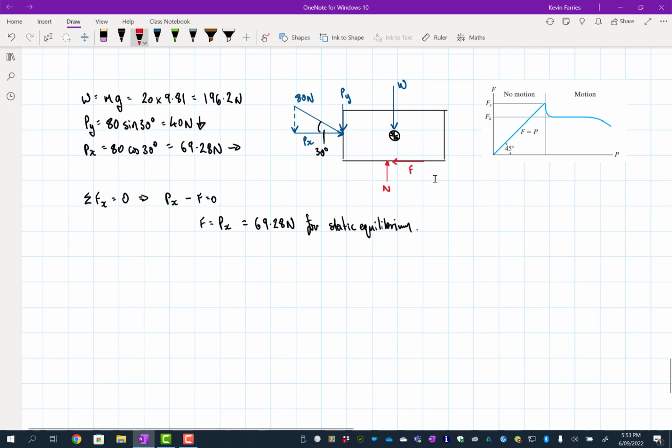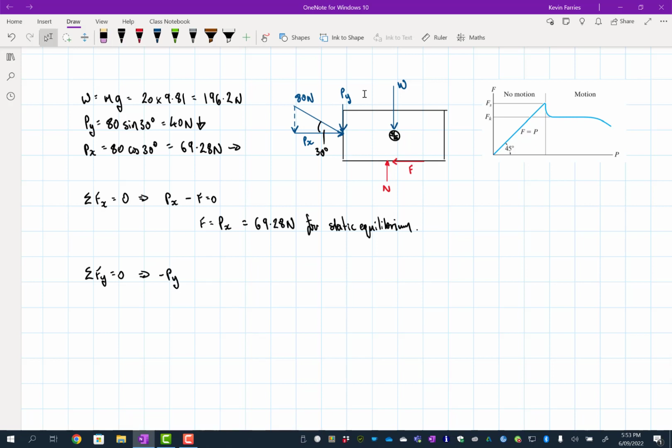And so we can figure out this normal force because we must also have the sum of the y components equal to 0. So let's see what we've got here. We've got Py down the way, and let's say it's negative.